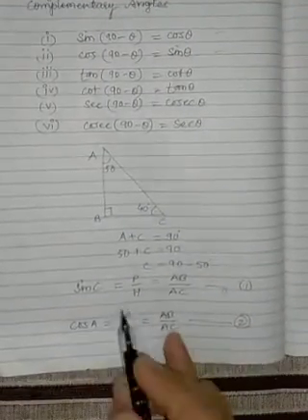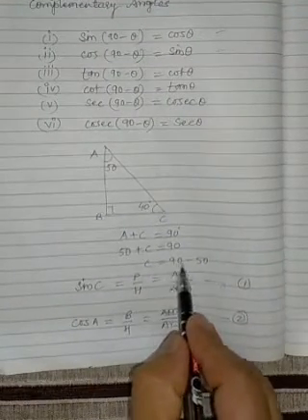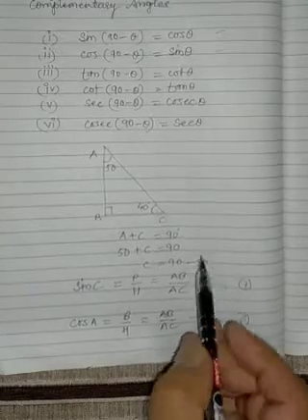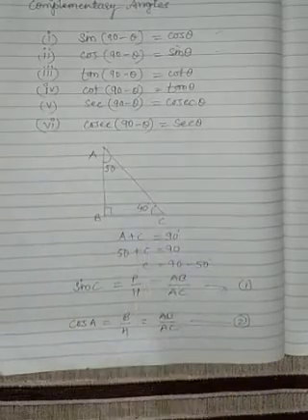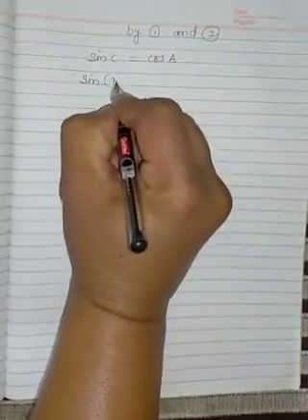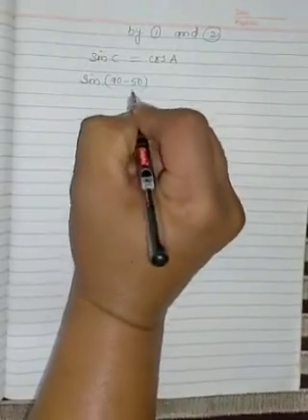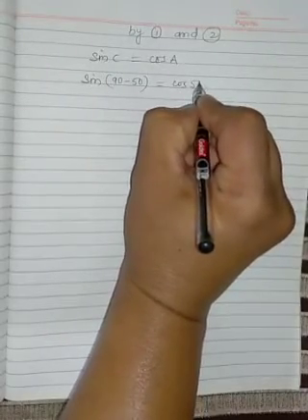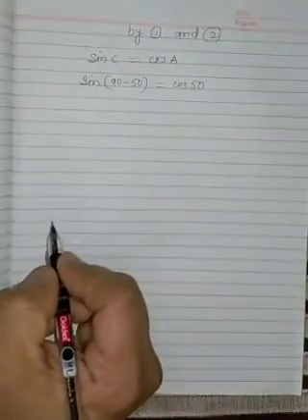Now here, as C is equal to 90 minus 50 and A which is equal to 50, so let's put the value. Sine 90 minus 50 is equal to cos 50 degree.